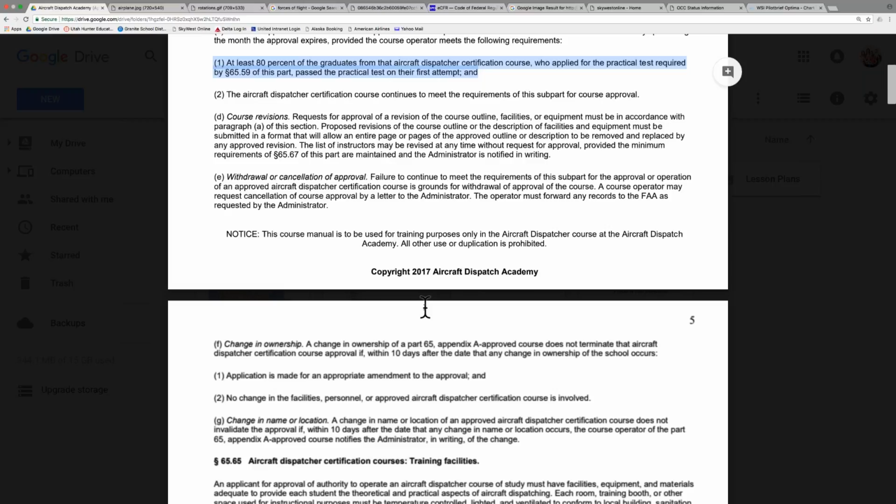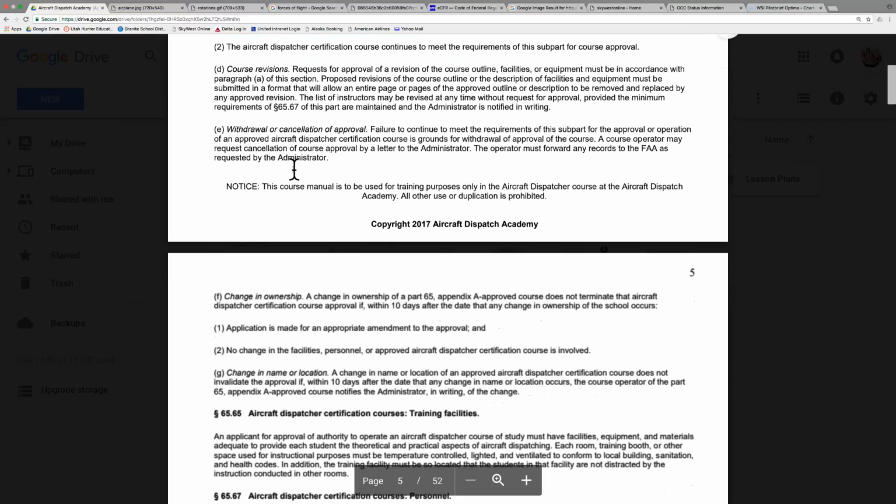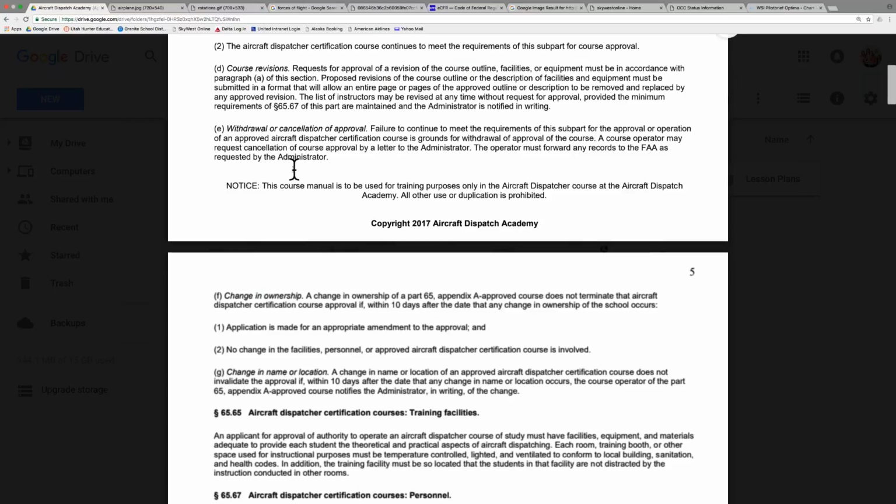So if we feel like you don't adequately understand the material, we're not going to sign you off to take the test. That's just the way it works. But everybody that's requested to take the practical has been signed off, and we do have a great success rate. There's actually an FAA requirement for that.